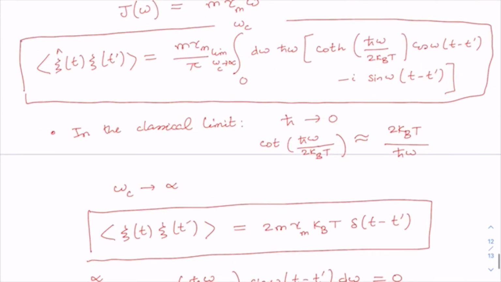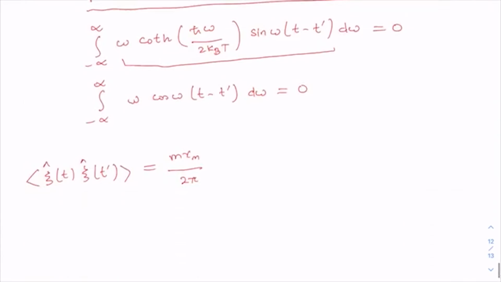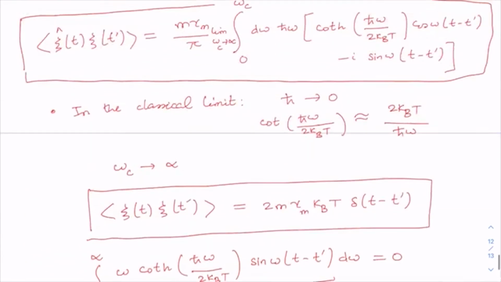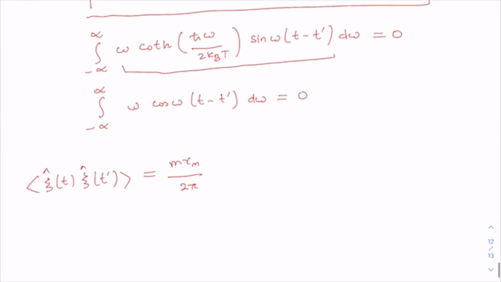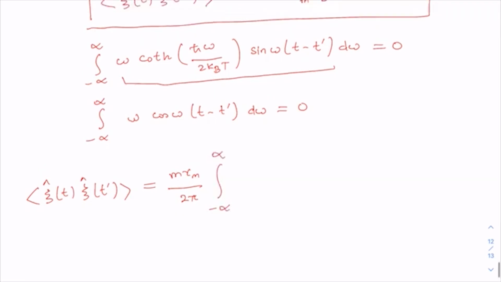The limit is from ωc, which you will put as infinity, so 0 to infinity we can replace by a half of minus infinity to plus infinity, that's why this 2 term is coming. Here we had mγm by π, so I will have a half term here because now I am taking the limit from minus infinity to plus infinity, so that I can utilize these two properties. And what I will have is this.